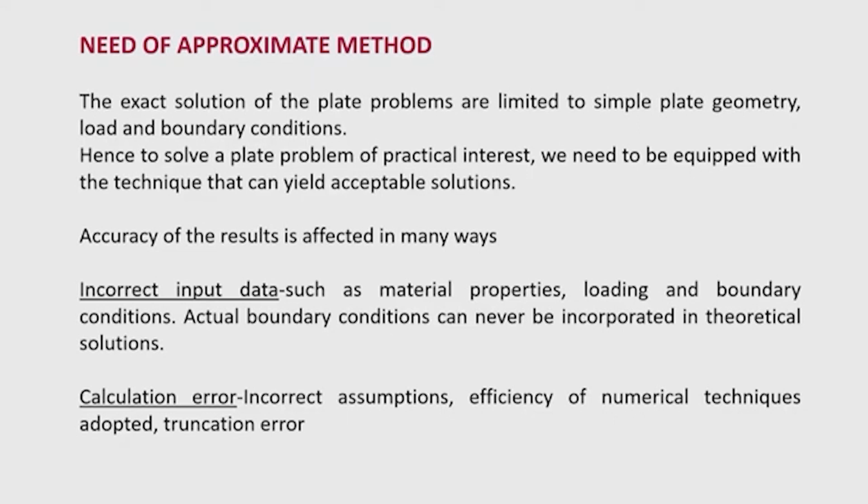Incorrect input data, such as material properties that we require in a plate problem, which are usually the modulus of elasticity and the Poisson ratio of the material. For a steel plate, the modulus of elasticity and Poisson ratio are almost homogeneous quantities, but concrete is a heterogeneous material.